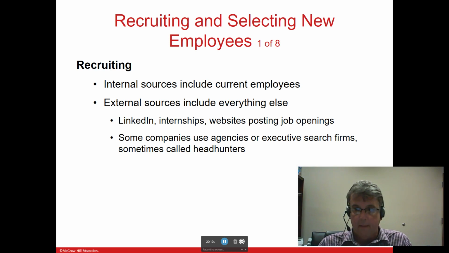Okay. So internal sources are preferred. External sources include everything else: LinkedIn, internships, websites, posting job openings. Some companies use agencies or executive search firms, sometimes called headhunters. That costs money.